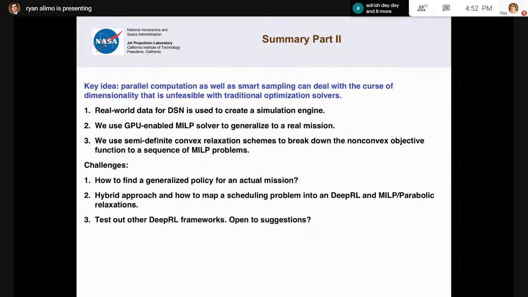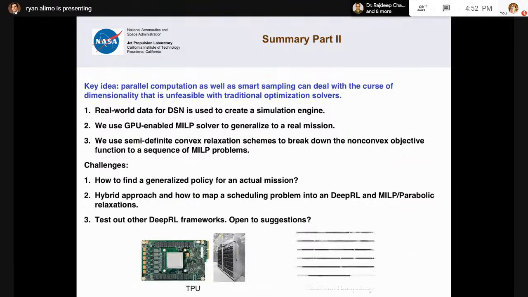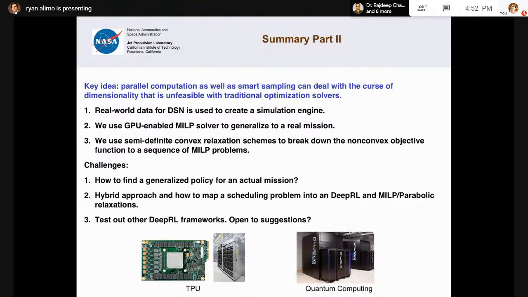Another approach is a hybrid approach that we are considering, and other than that, we're going to see that at some time, maybe in 50 years or so, all these problems need to be done on other processors, right?